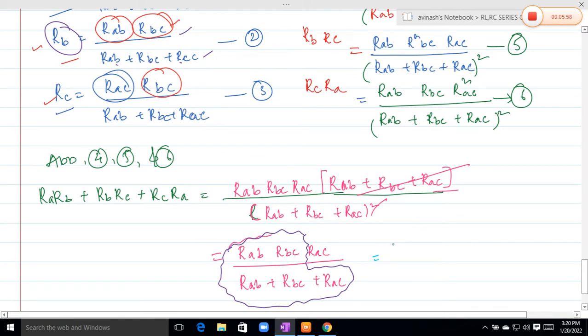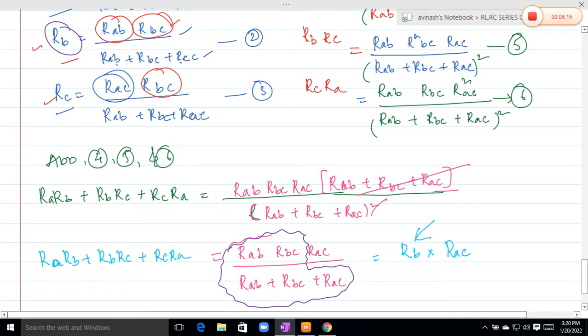So this value will be RB into RAC, which is nothing but RA-RB plus RB-RC plus RC-RA.